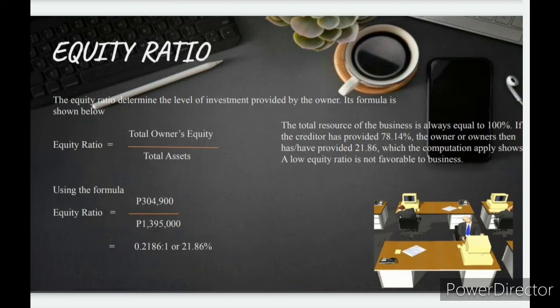The example of using the equity ratio formula: equity ratio equals 304,900 divided by 1,395,000, which is the total assets, equals 0.21 something, or 21.86%.